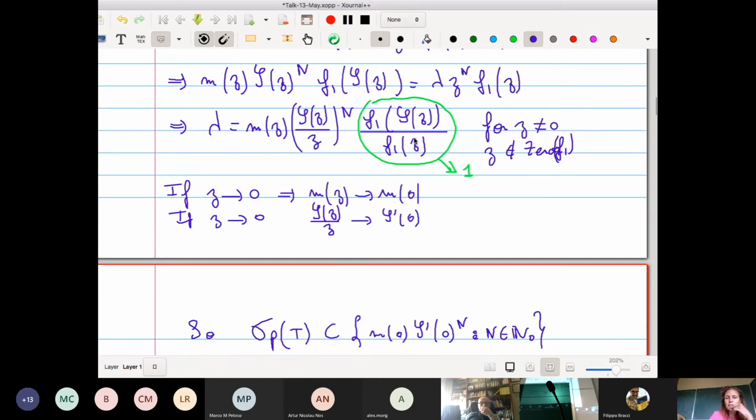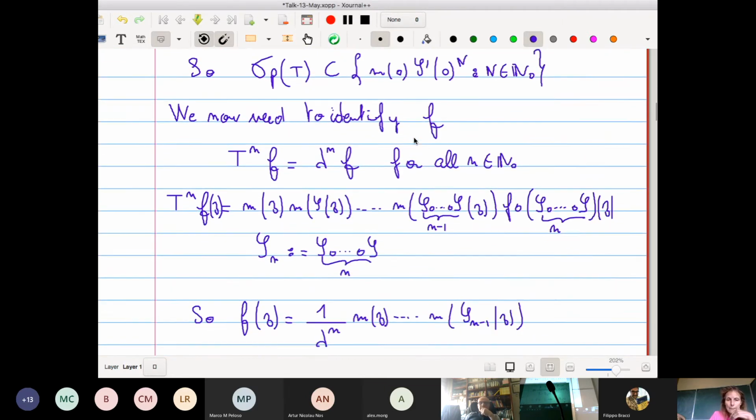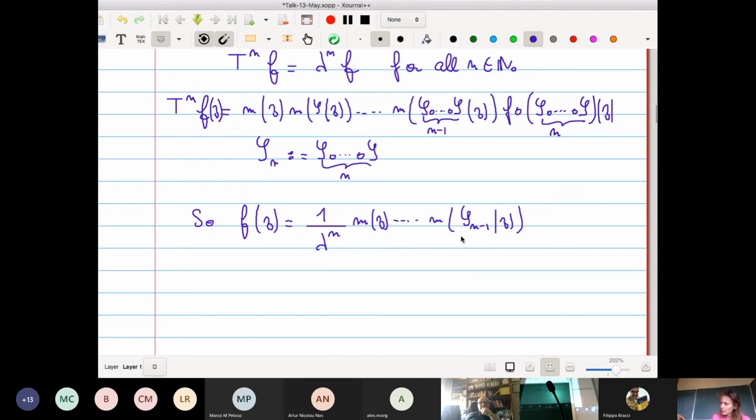So using this notation, we have that f is equal to this times f1 at phi n of z.